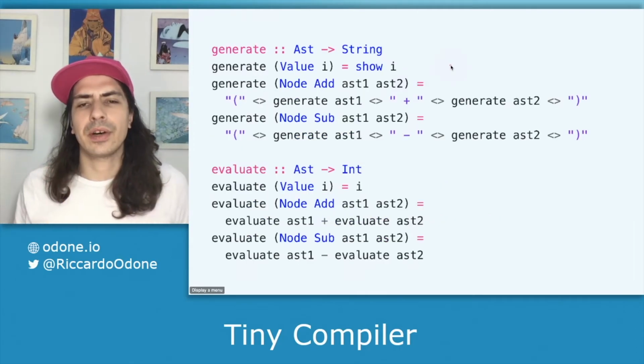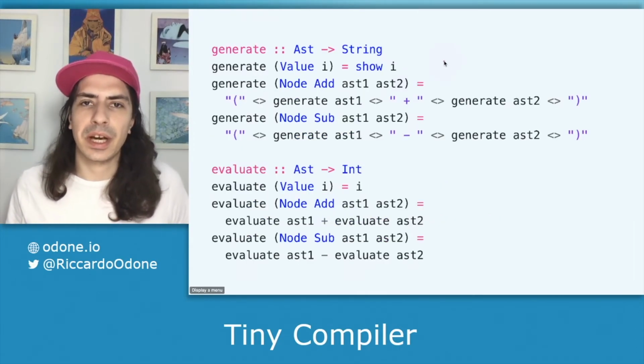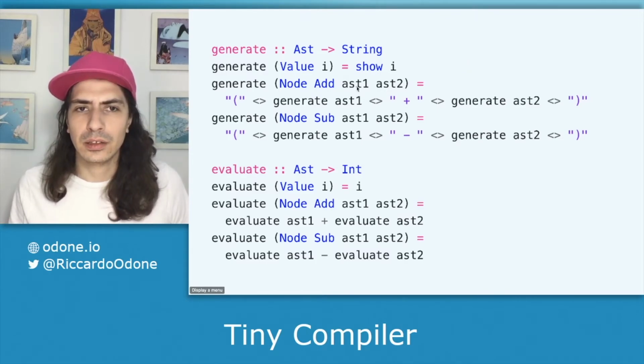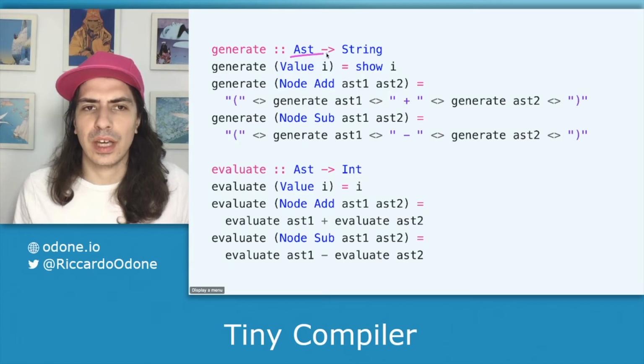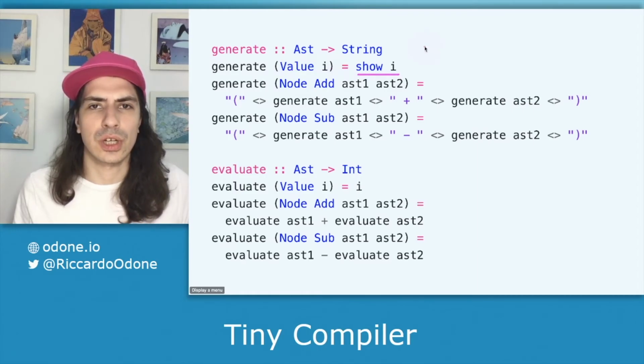Okay, now that we have our AST, we can decide if we want to compile to the target language or if we want to evaluate the expression. Those implementations are super straightforward. So in case we want to generate the target language representation of our input, we take all the cases of AST, which means we either have a value, which in our target language is just the integer itself.